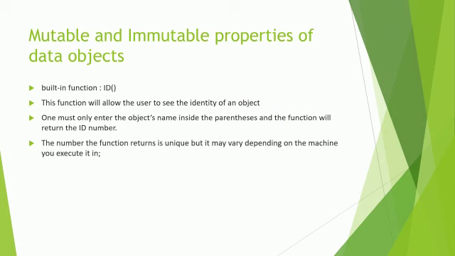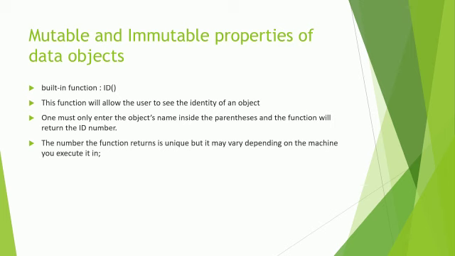Today, we are going to see something about mutable and immutable properties of data objects. Last time we discussed identifiers. Hope you have understood it. This is about mutable and immutable, which actually means there is an ID, an identification number, that is created when you create an object.